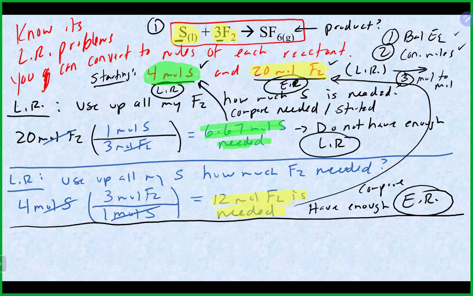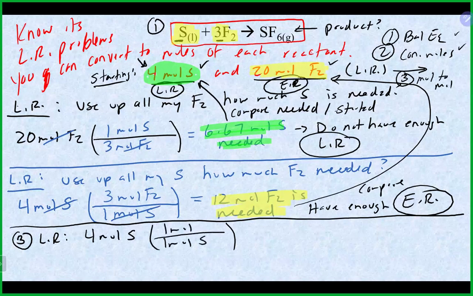We do want to use the limiting reagent, and we do want to use the starting amount of the limiting reagent. So we can now go to step 3 with our limiting reagent and go 4 moles of sulfur. We can now do it to our product. 1 mole of sulfur is 1 mole of SF6, and that would get us something like 4 moles of SF6.